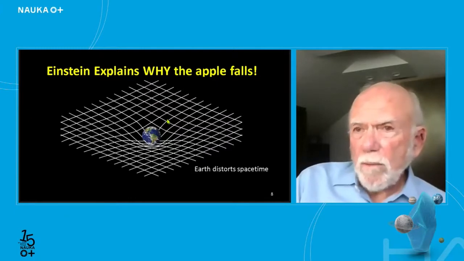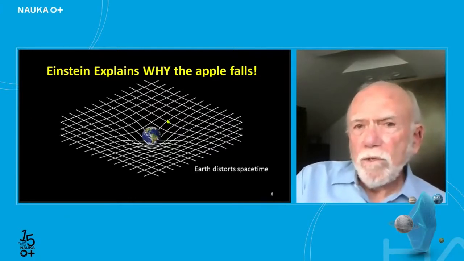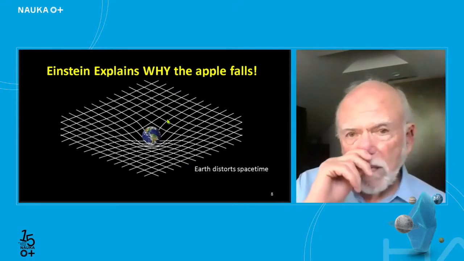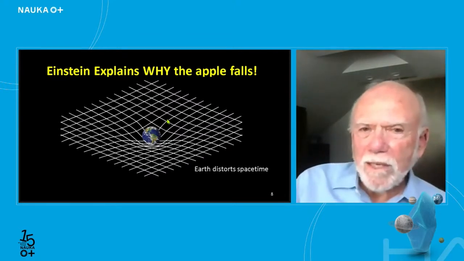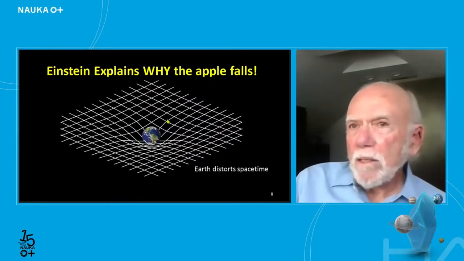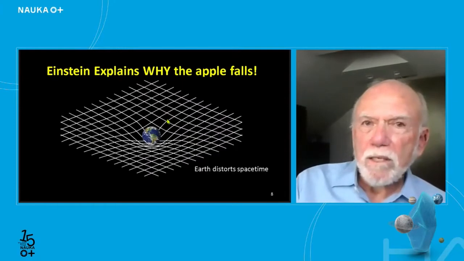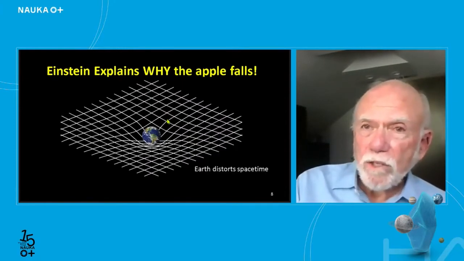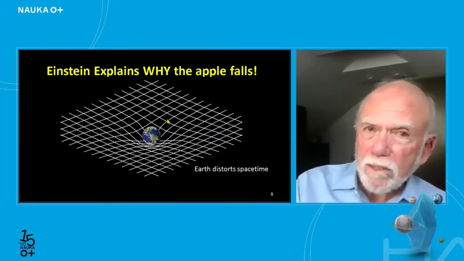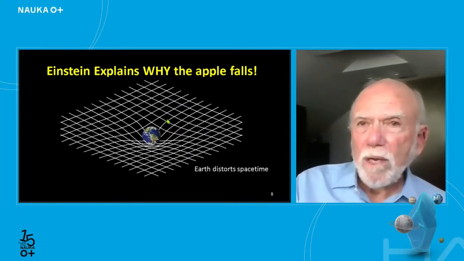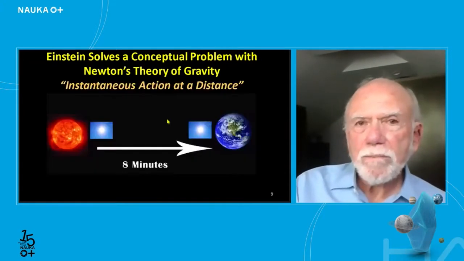So the first phenomenon that Newton didn't explain and Einstein does explain, and it's important in understanding science, is why there's a gravitational pull. And that is explained in Einstein's theory by a distortion of the actual space and the time around any object that has mass.